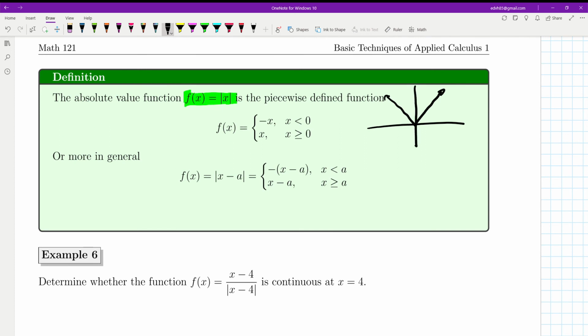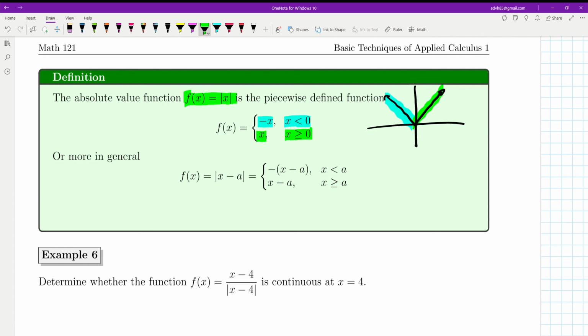For values to the left of x equals 0, that is -1, -2, -3, we have the graph of negative x with a negative slope. And otherwise, for positive values of x, we have the diagonal line with positive slope. That's how we define it piecewise.